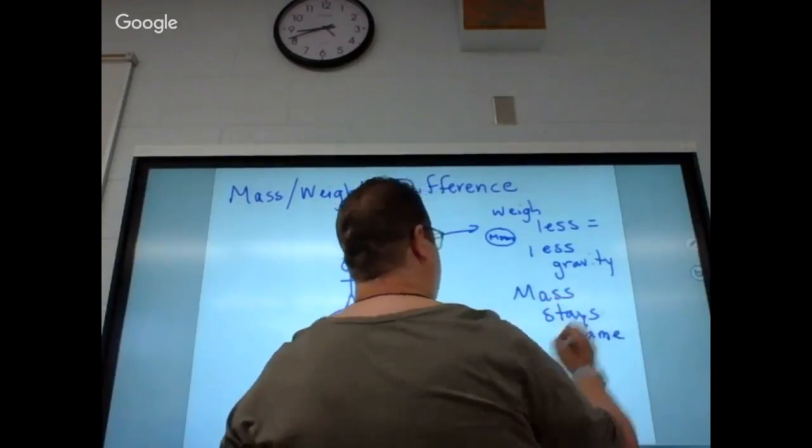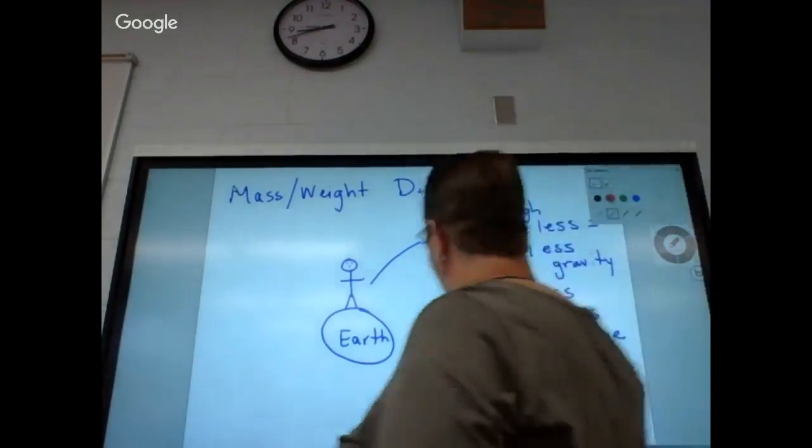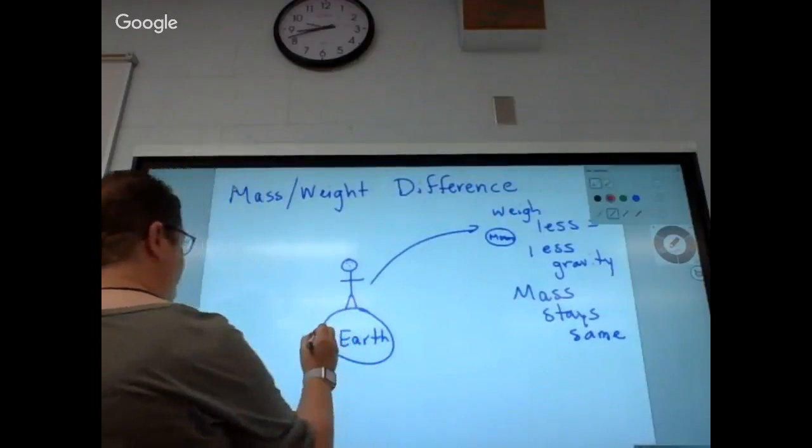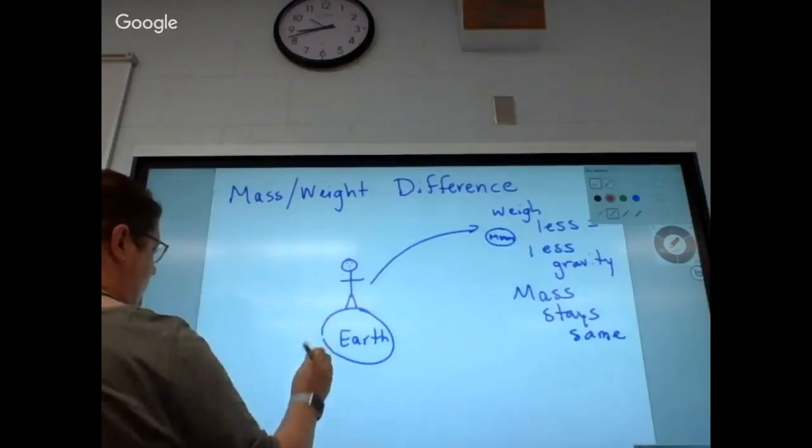Now, can you tell me the difference between mass and weight? Weight changes with gravity and mass stays the same. Okay, so weight changes with what? There's a word that I'm looking for. It's an L word. Let me see. I don't have a lot of space here.